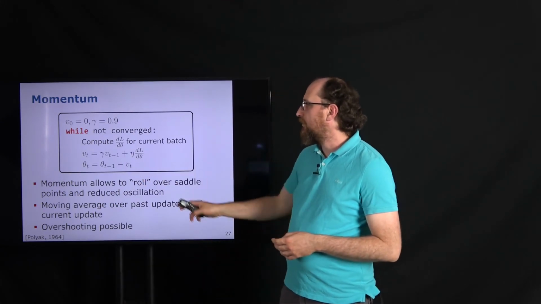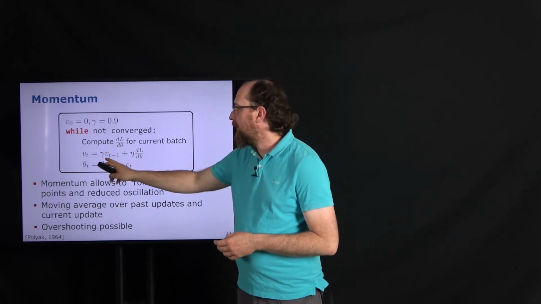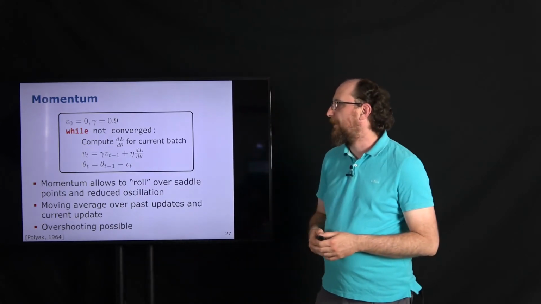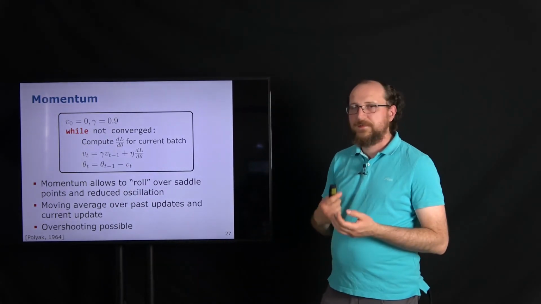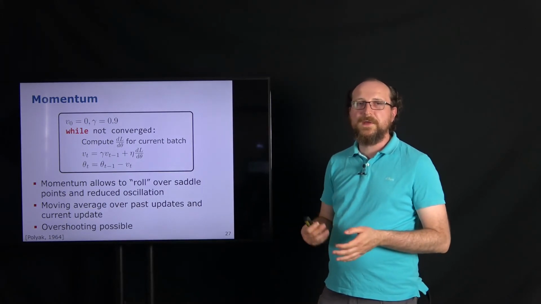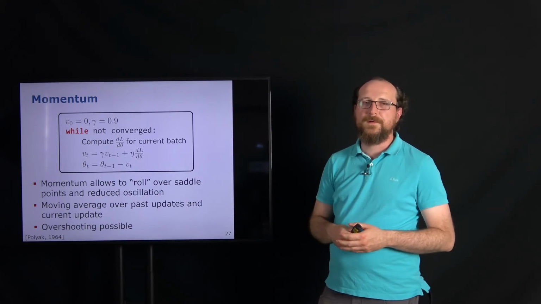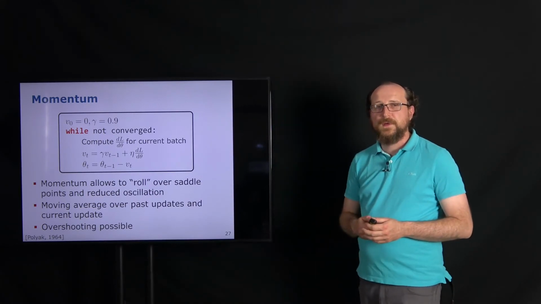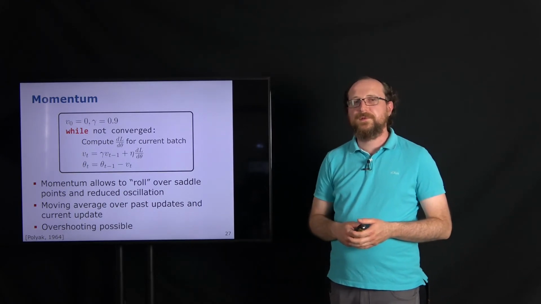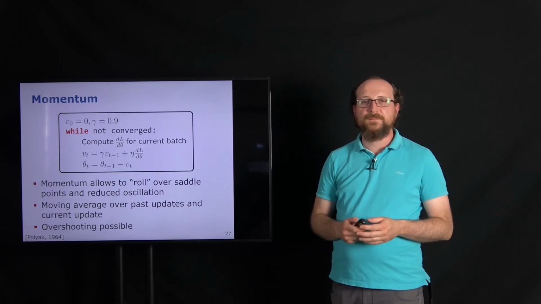And then we are just using this updated mean in the end to update our parameters. And with this, we get the momentum, accumulating some speed from before that we can then use to roll over these saddle points in the end. And this moving average over the past updates allows us then to make hopefully faster progress in the end.